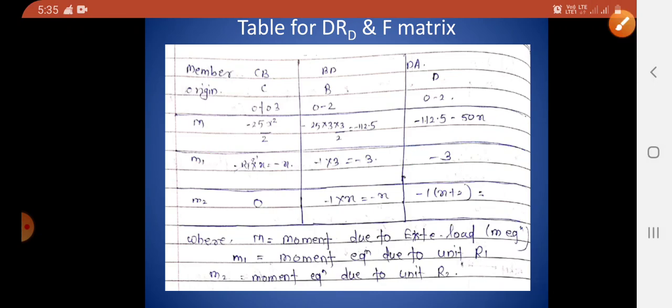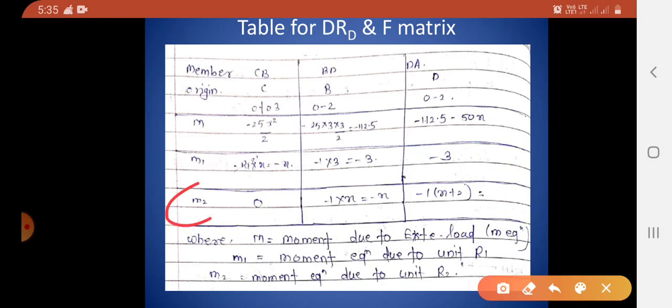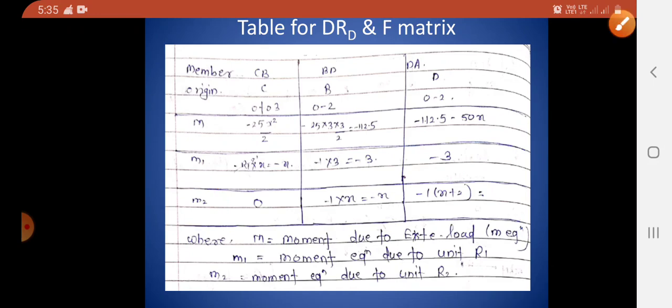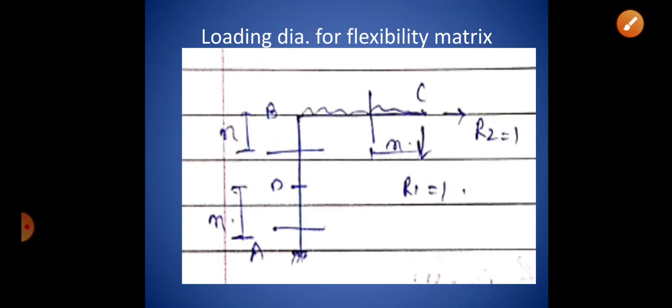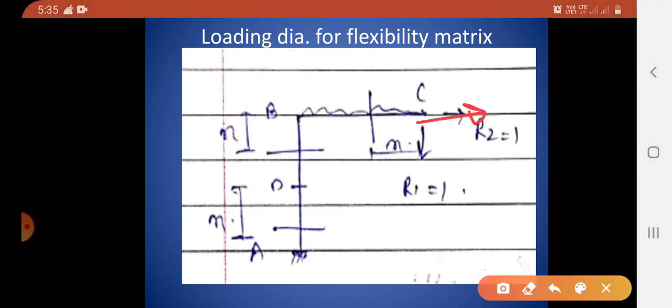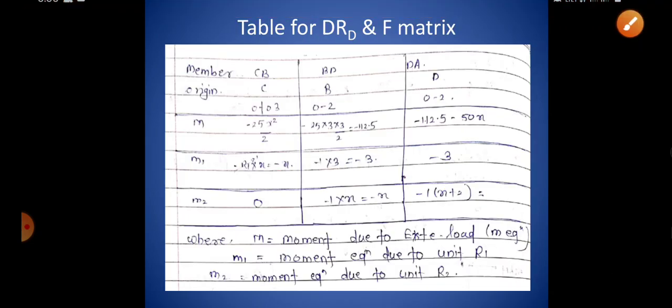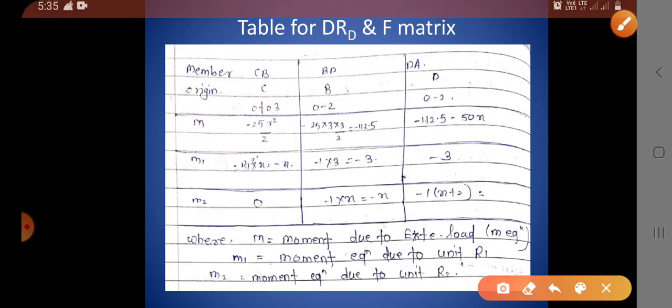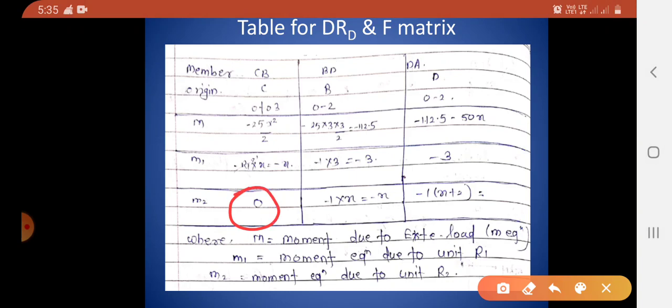Then go to the third row, that is the M2 moment equation due to unit R2. Now we have to apply only R2 here, and remember R1 is now not present. Take section 1 in part CB, and this R2 is causing 0 moment about section 1. So in the table you can see M2 is 0 for the first part.